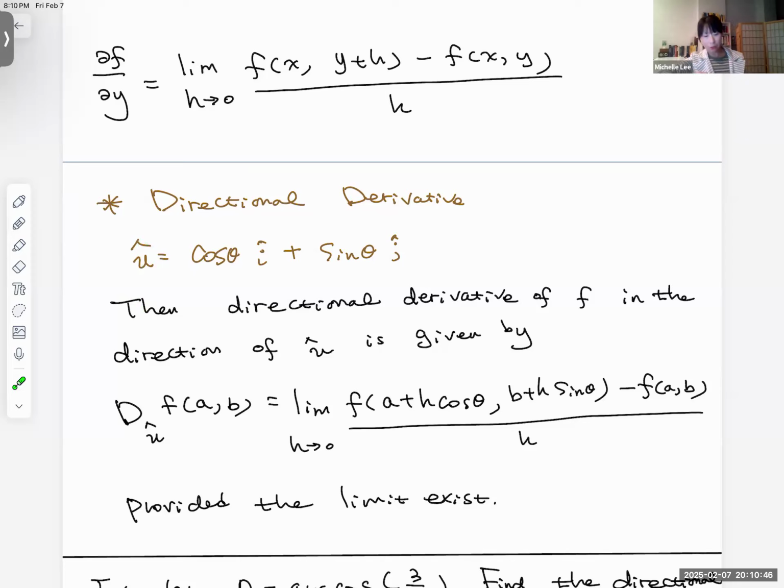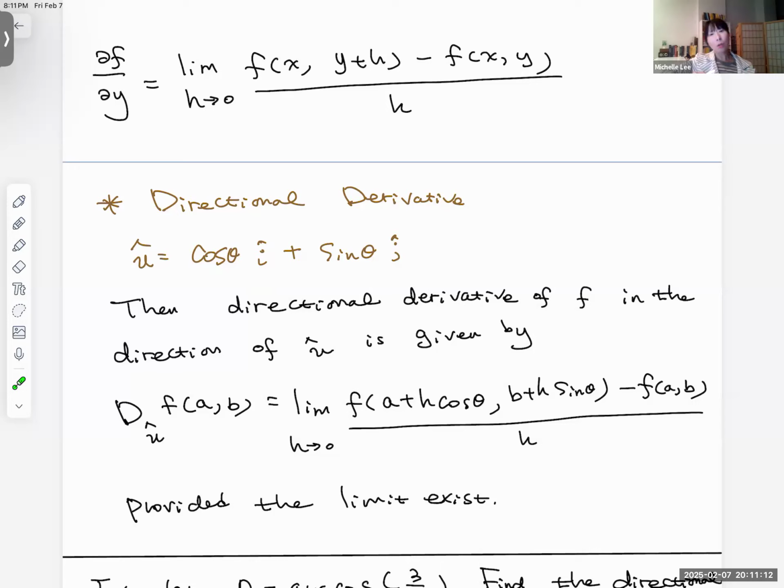We know that this is a unit vector, right? Okay, then we have cosine theta i hat plus sine theta j hat. So we want to follow this direction, the u direction, all right? So the u direction, which is cosine theta i hat plus sine theta j hat. Yeah, okay.